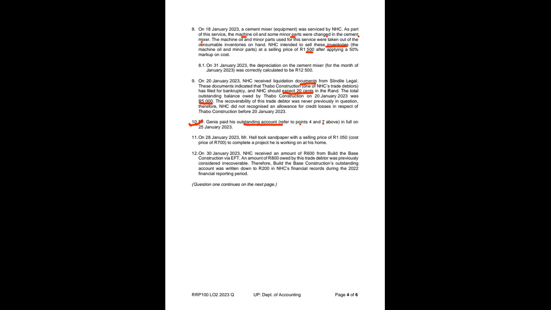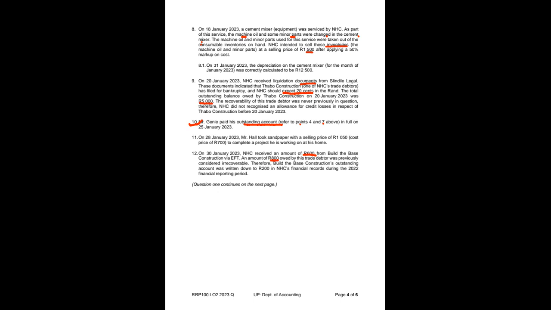So the last bullet point for this question is point 12, where it says that we've got an amount of 600 rand that was received from Builder Base Construction. This amount was in relation to the trade debtor who was owing 800 rand, but had been written down to 200 rand.